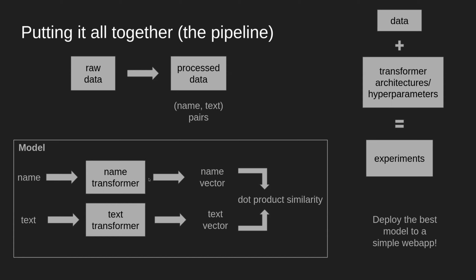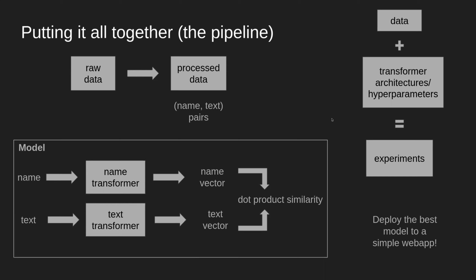High level overview of the model: we have two transformers here. One turns the name of a card into a vector, and one turns the rules text of a card into a vector. Then we look at the dot product similarity of those vectors. If it's a high similarity, we say yes, this card is a good match for this name, return it, and otherwise don't.